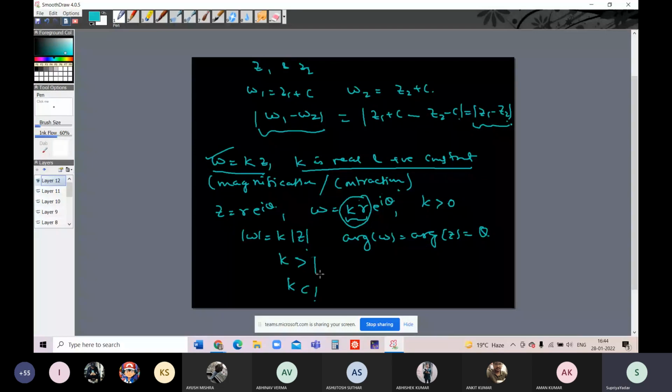So when k is greater than 1, the mapping is called magnifying, and when k is less than 1, it is called contraction mapping. And when k is equal to 1, w is equal to z, it will be the identity map. Okay.